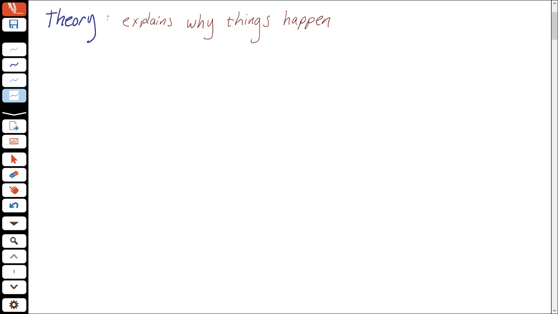All right. Now that we've talked about atomic theory, let's talk about matter. There are two different ways we can classify matter. One is by state. That's probably the easiest one that you've heard before.